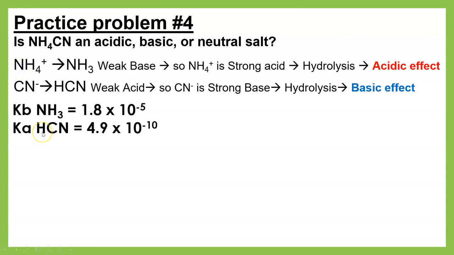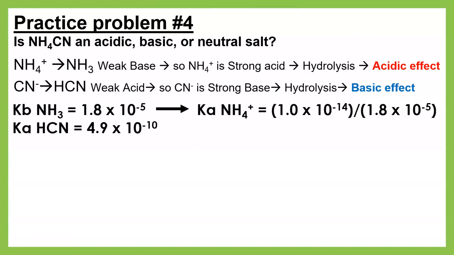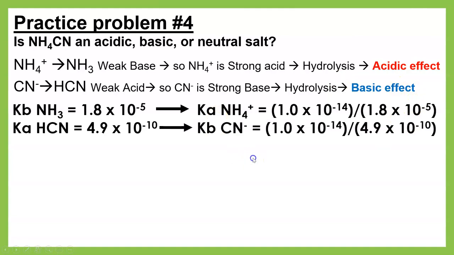I can look in a chart and find the Ka for the conjugate of our other ion. But now I have to convert them, don't I? So I'm going to use the Kw, rearrange, and now I know what the Ka is for my ion, for both.